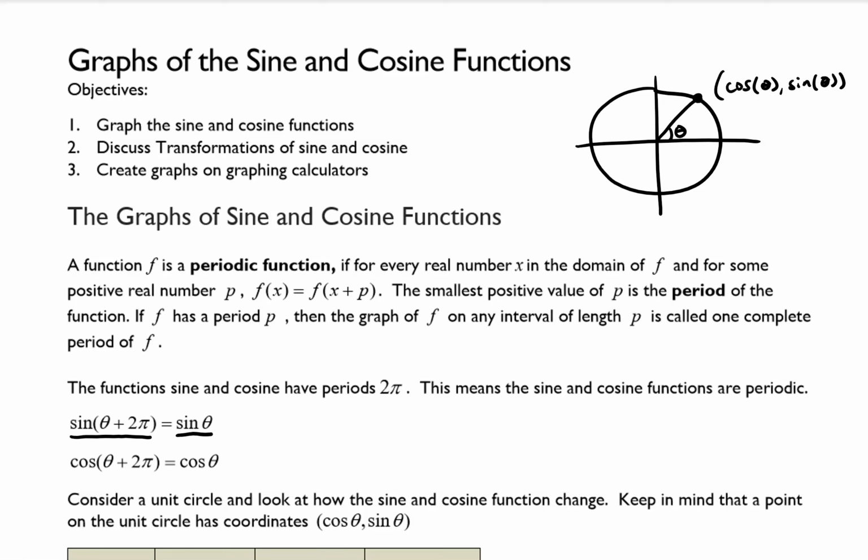And if I added 2 pi to theta, that would end me right back here with the same coordinates because theta and theta plus 2 pi are coterminal angles. Same thing with cosine. It is a periodic function because if I take cosine of theta and cosine of theta plus 2 pi, they will give me the same values.